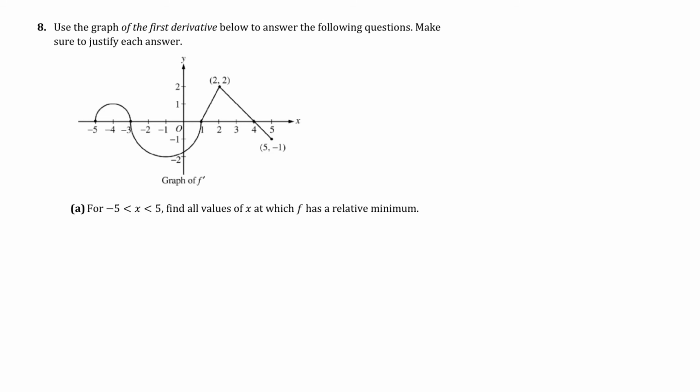Okay, well, we can think about the things that we know. If f has a minimum right here, we know that f prime is going to be 0 at that point. And we also know that f goes from decreasing to increasing. If you're going from decreasing to increasing, that means that f prime goes from negative to positive.